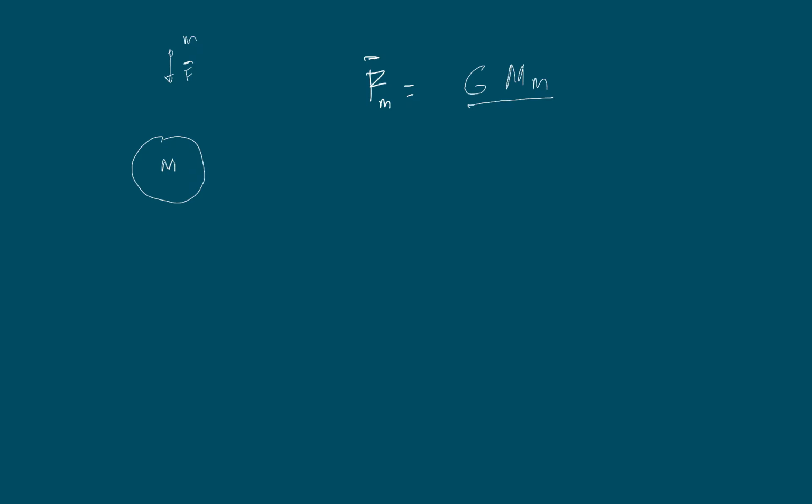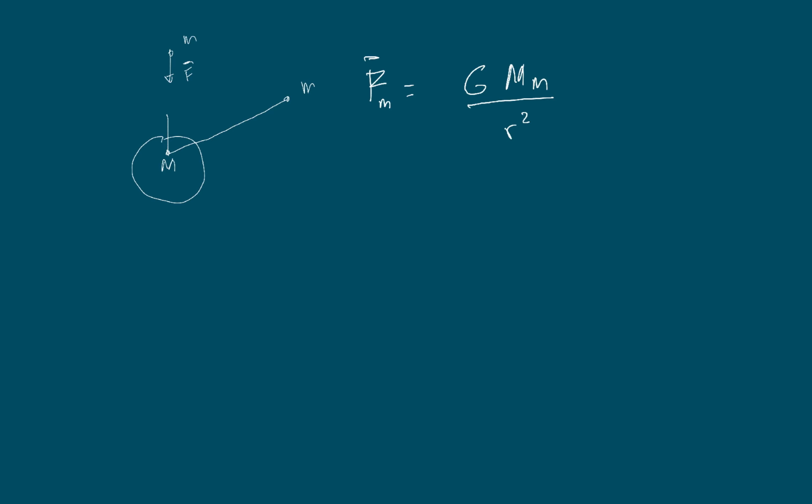If the distance of separation between the two masses is very big, the force is very weak. So it varies with the distance squared. And now the gravitational field is a force that, if you see it from M, whatever is the m, the force will go in the direction connecting the two masses.